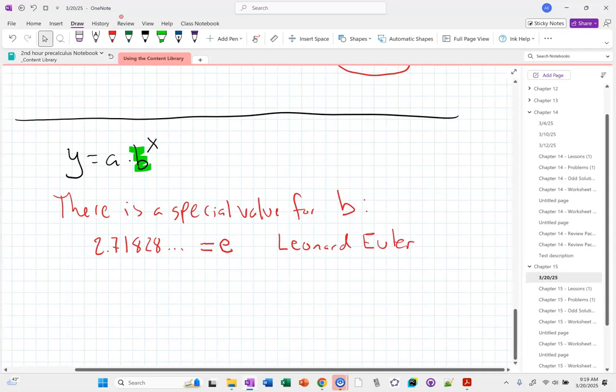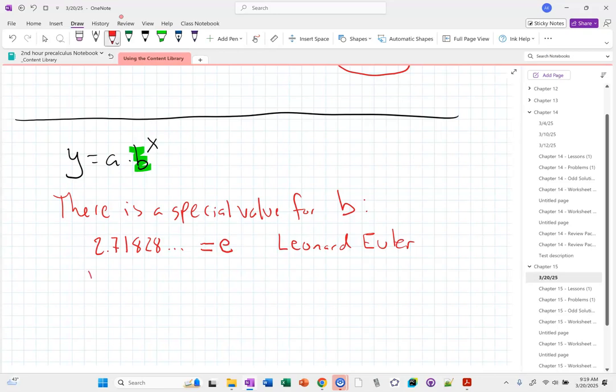I'm not going to talk about where that number E comes from right now, but when we go a little bit further, I'll circle back and talk about that. But this is an irrational number, which means you can't write it as a fraction. It's a non-repeating, non-terminating decimal.